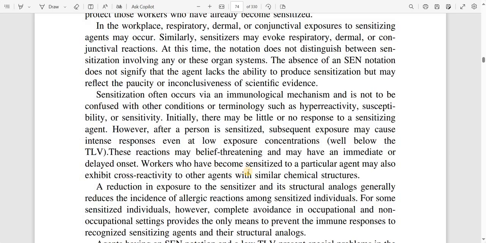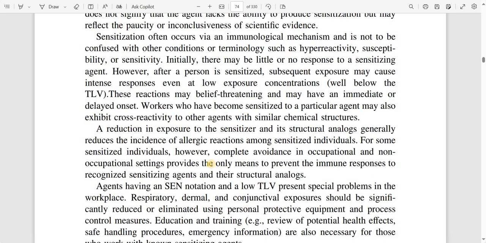Workers who have become sensitized to a particular agent may also exhibit cross-reactivity to other agents with similar chemical structure. A reduction in exposure to the sensitizer and its structural analogs generally reduces the incidence of allergic reaction among sensitized individuals.